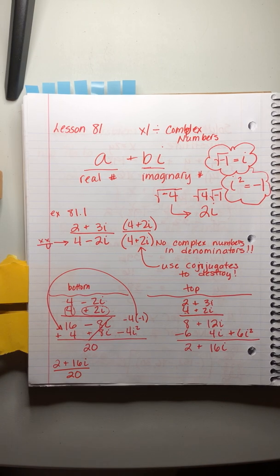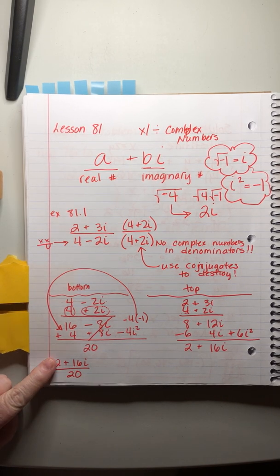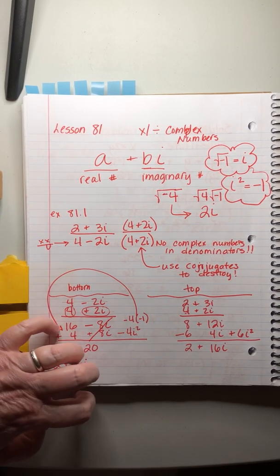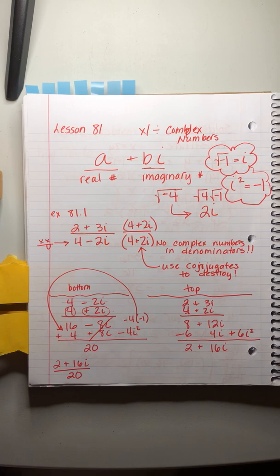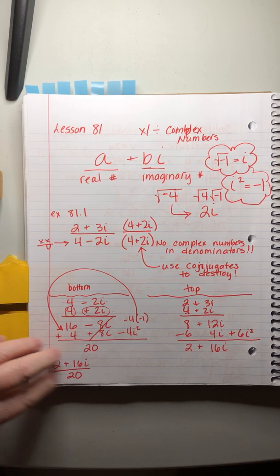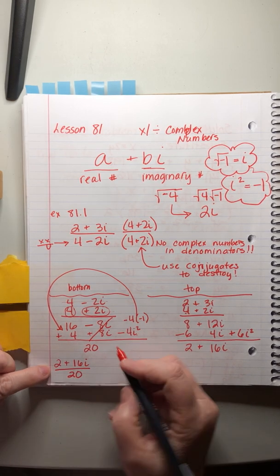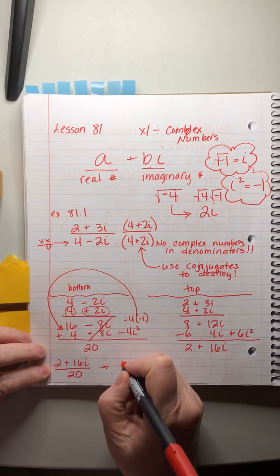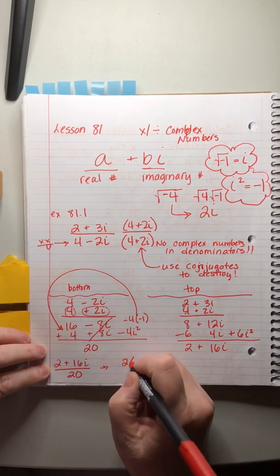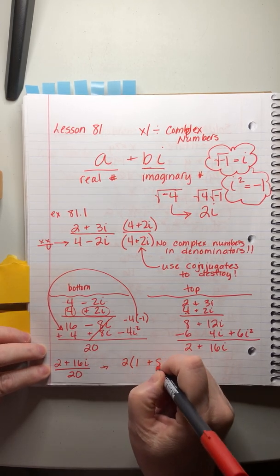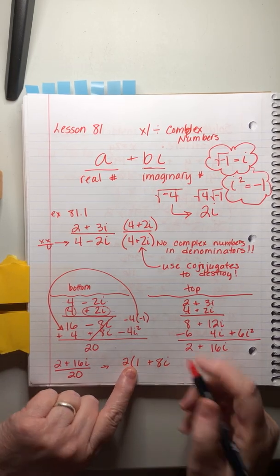Now, it would be nice if that was our answer, but we can simplify, can't we? Or we can reduce, rather. Yeah, simplify, because I see even numbers all around. So what I'm going to do is pull a 2. That's the biggest number I can get out of everything. I'm going to factor it out of the top. So it's going to be 2 quantity times 1 plus 8i. Remember, we need to hold that place.